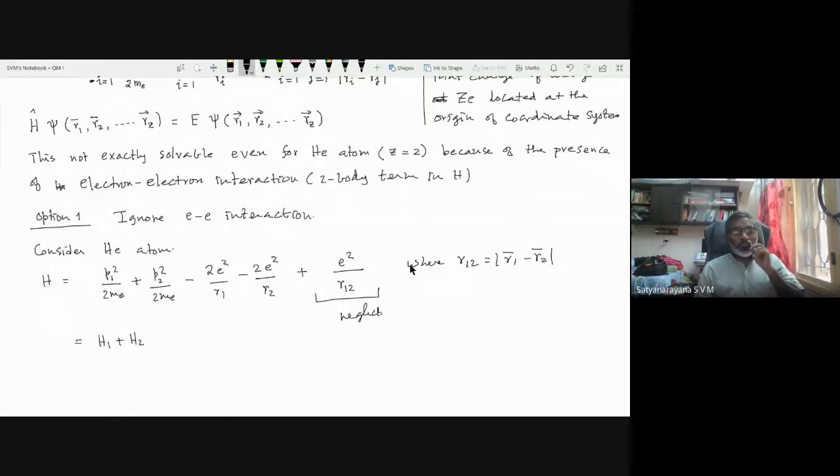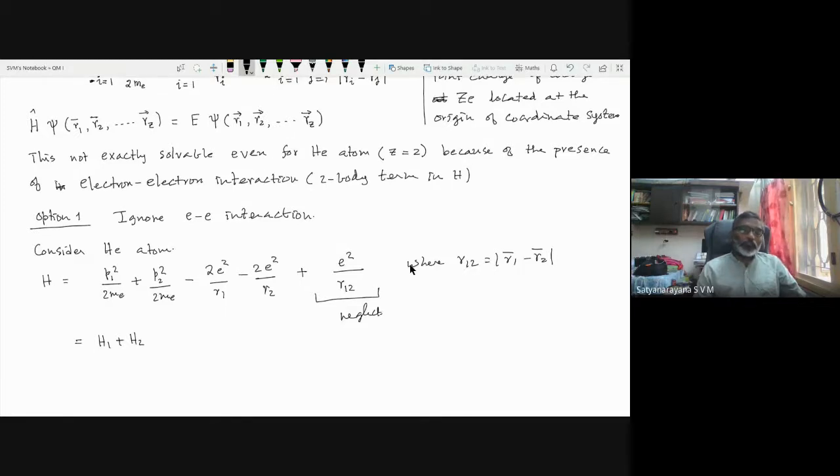And we have discussed in the last class, if you have hydrogen-like atoms with nuclear charge Ze, then e square will be replaced by Ze square in the energy. That means wherever e square is there, you have to put 2e square.